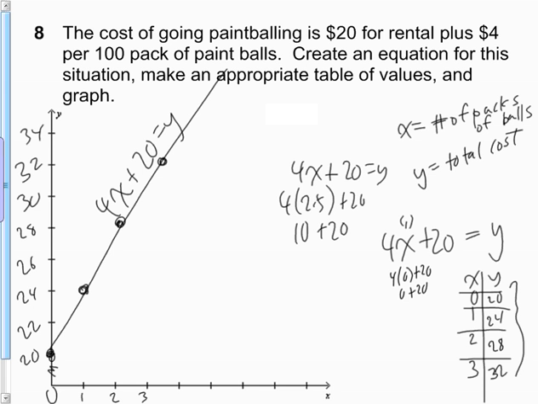So look here, 2.5 would be right here, wouldn't it? And if I go to 2.5, that's called interpolation. You'll learn that in grade 9. That tells me how much 2.5 packs of balls would cost. So any point that I can think of that fits on that line could be a price I would pay going paintballing. Okay? Any questions with that? Nothing?